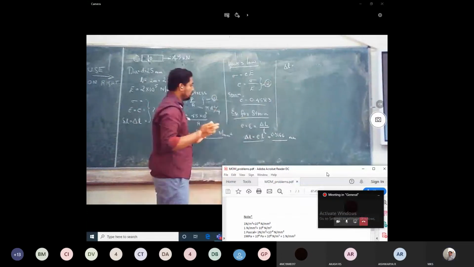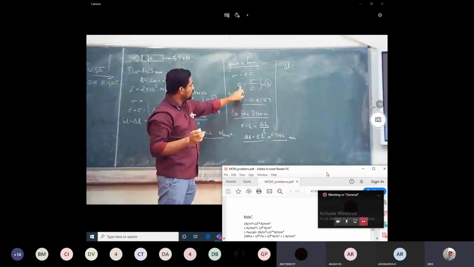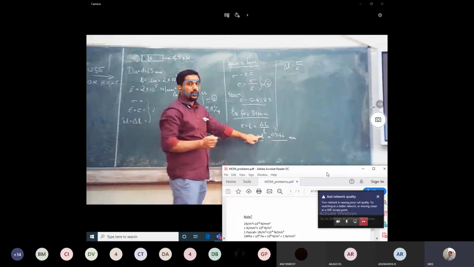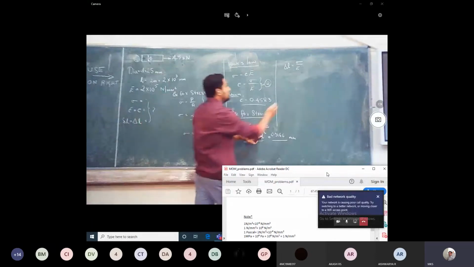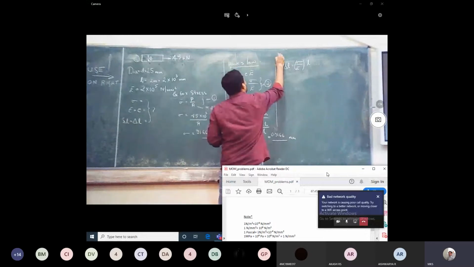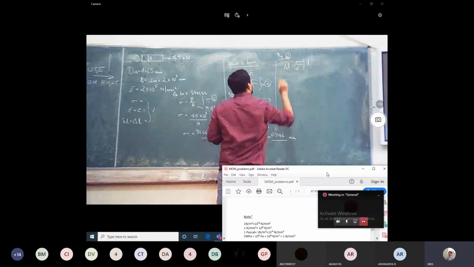By equation 2, I substitute E, so E is equal to sigma by capital E, into L. So this is by equation 2.